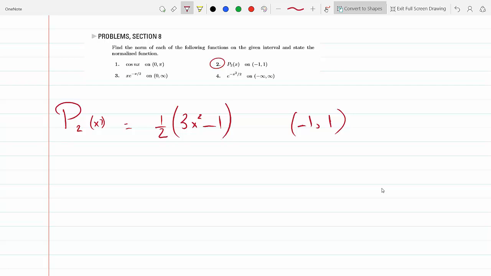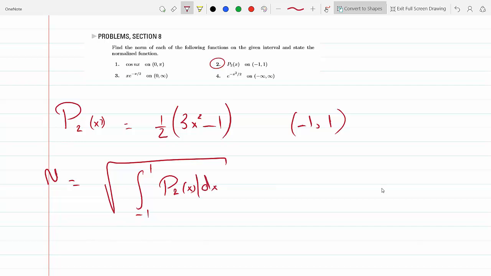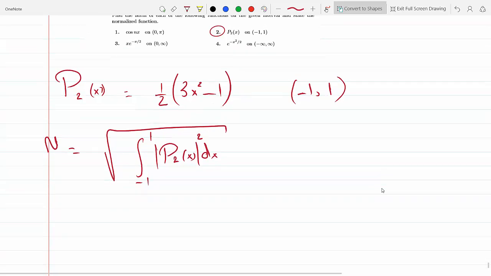Well, like I indicated, the norm is just the square root of the integral from minus 1 to 1 of P2 of x squared dx. And so let's do that.